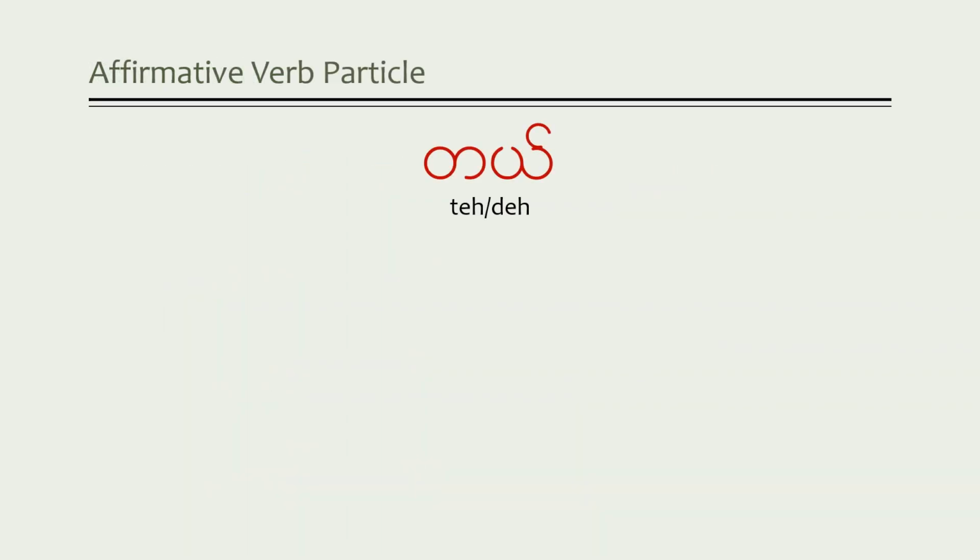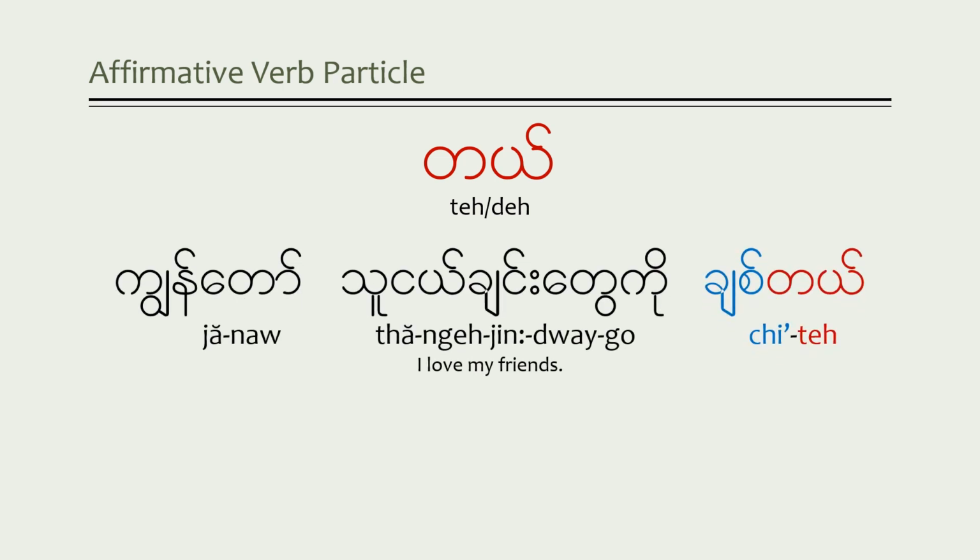So let's look at this affirmative particle in two sentences. Now I've put the verb in blue in these sentences, and the particle remains in red. So here's the first sentence. That means I love my friends.